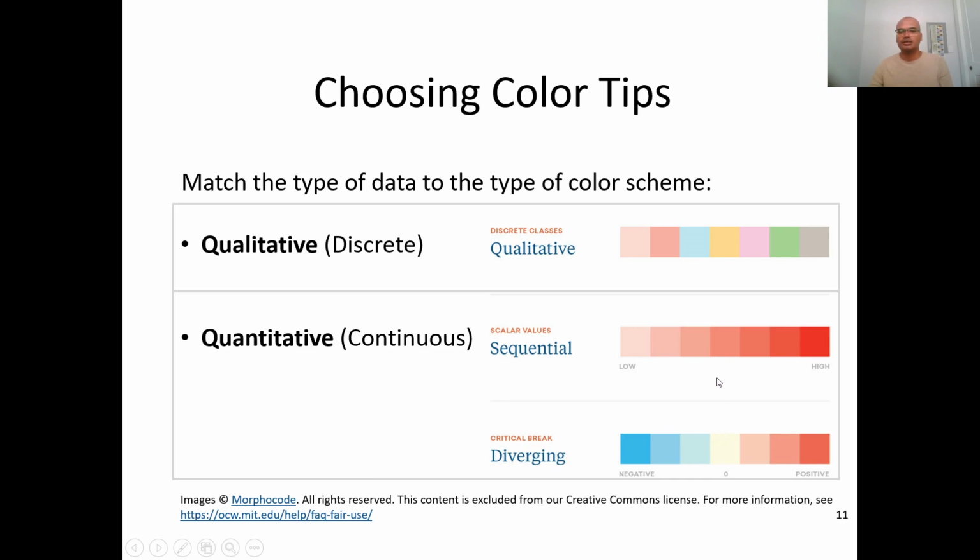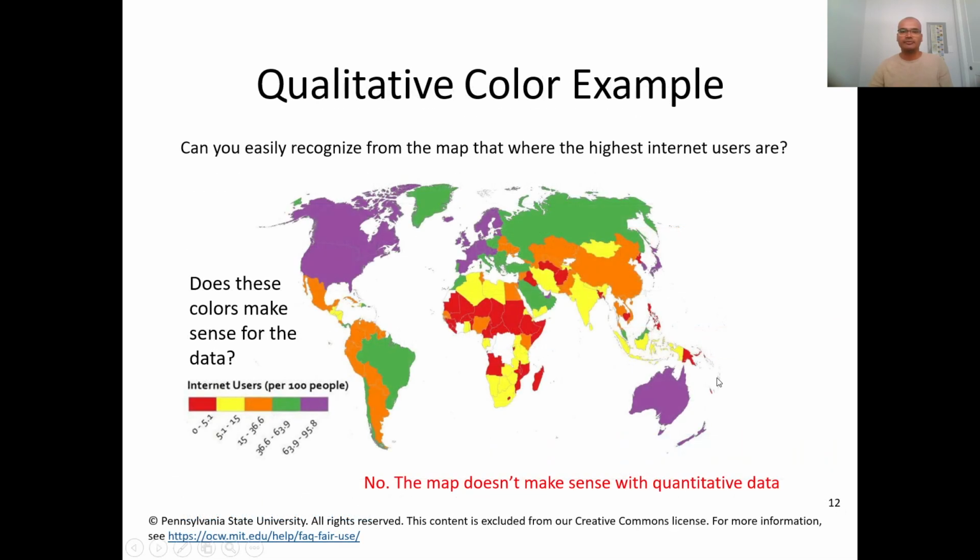So choosing color or hue or choosing grayscale depends on what kind of data you have and what kind of information you want to project. For example, if you look at this map, the purpose of this map is to show where the highest internet users are. But using this discrete approach with random colors, it's very difficult to identify in which part of the world the internet users are high.